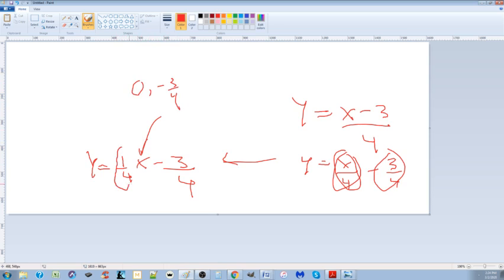And then its slope is 1 over 4, which means its rise is 1, and its run is 4. So to figure out the next coordinate, I just add 1 to the y and 4 to the x. So the next point on this graph will be 4, minus 3/4 plus 1, which becomes positive 1/4. So that's the next point on the line.